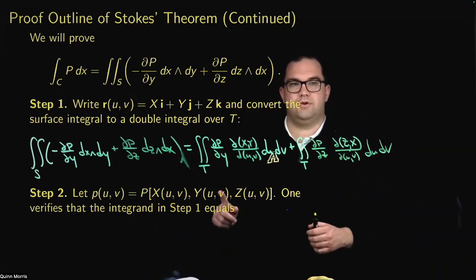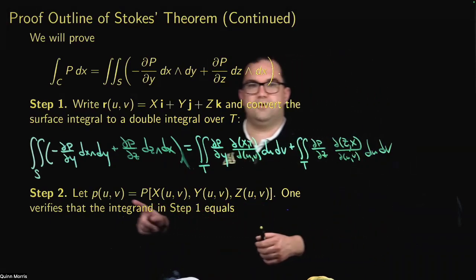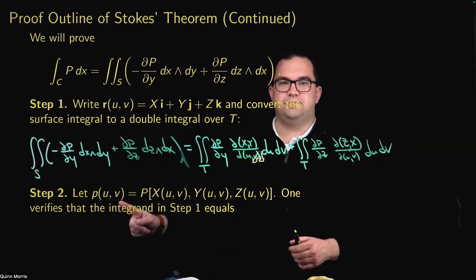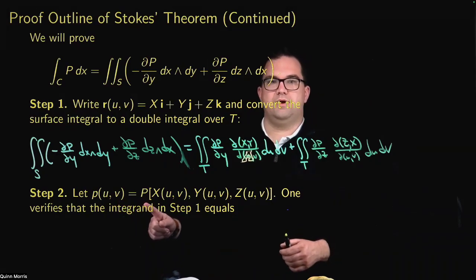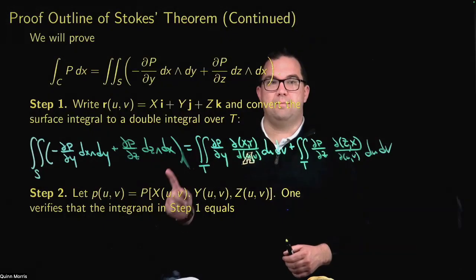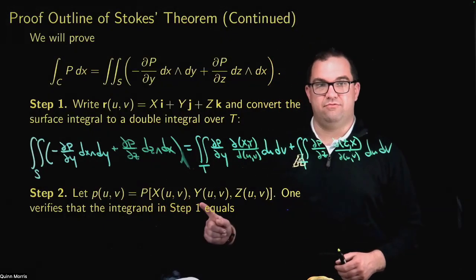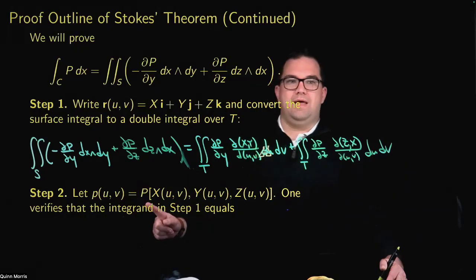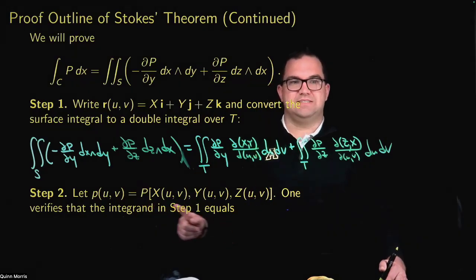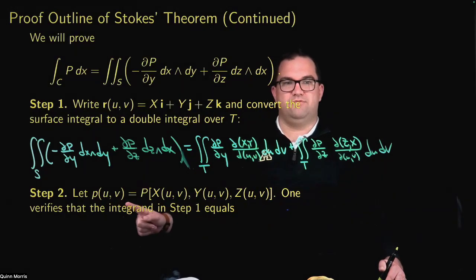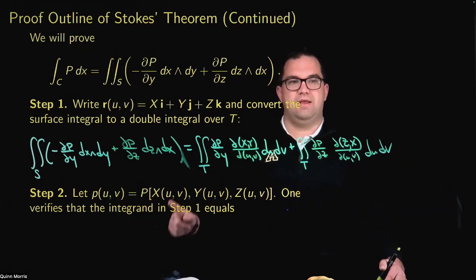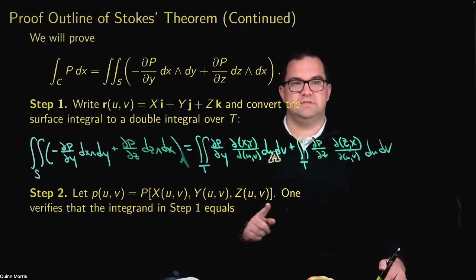Now, the next thing we're going to do is write this lowercase p of u, v. Remember, P is the x component of my vector field F. But now I want to evaluate that along the surface. That's essentially what this lowercase p of u, v is going to be: capital P, but evaluated along the surface.